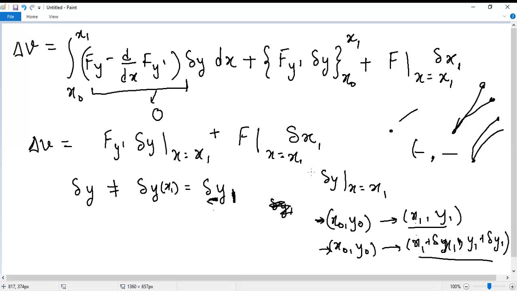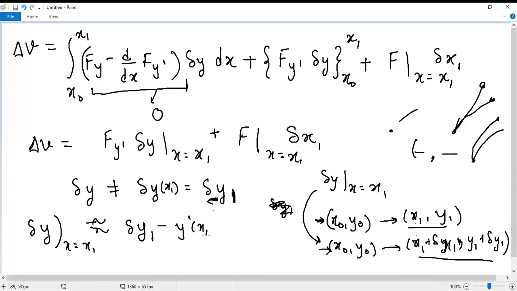But what we are looking at is delta y at x equal to x1, and the meaning of that is this. When the extremal joining this point to this point moves from here to here, that is the change in the ordinate. That is given by this term, and we can show that this quantity is approximately equal to delta y1 minus y dash at x1 into delta x1.